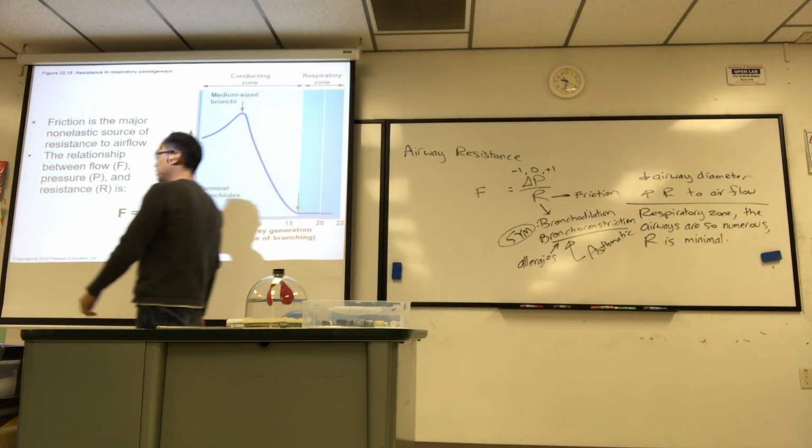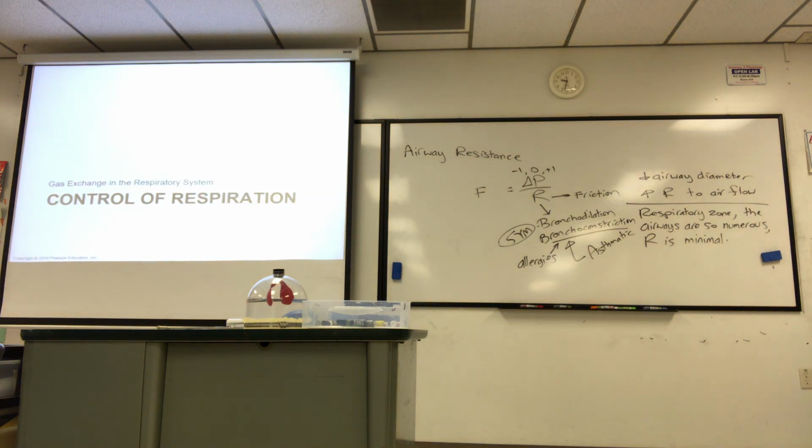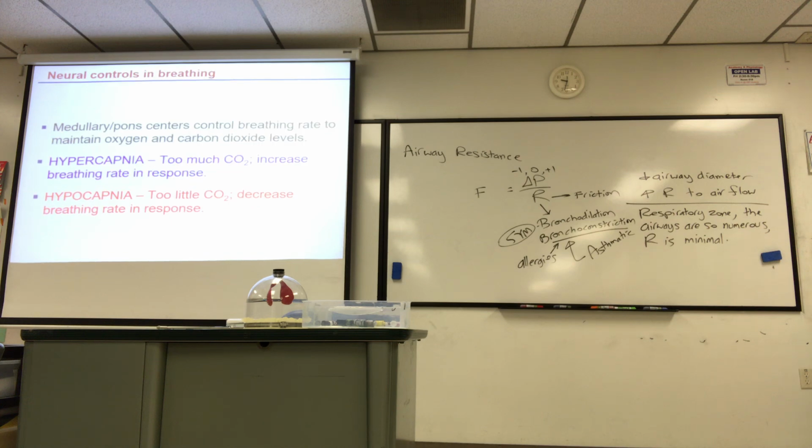So airway resistance is something we like to mention. The control of respiration is also a topic that we consider too. The neuronal controls for breathing are in the brainstem. The medullary pons centers control breathing rate to maintain O2, CO2 levels. And the one that is tightly regulated is for the blood gas CO2, not O2.